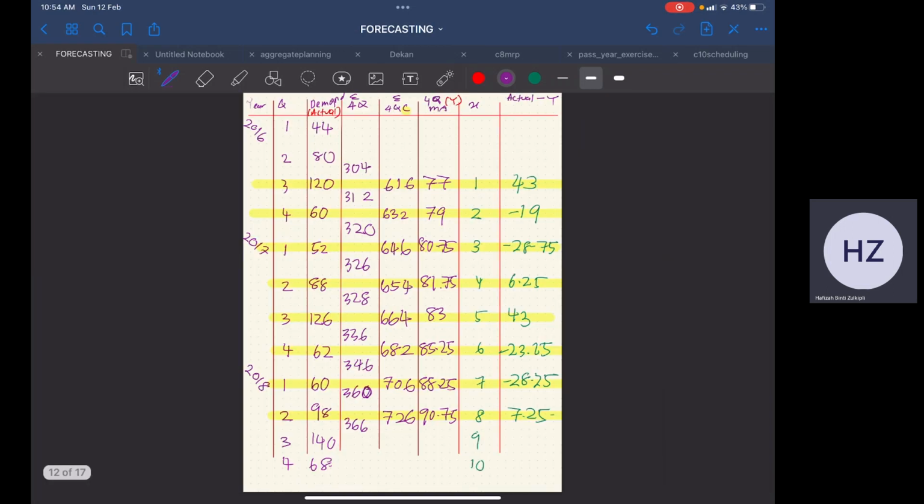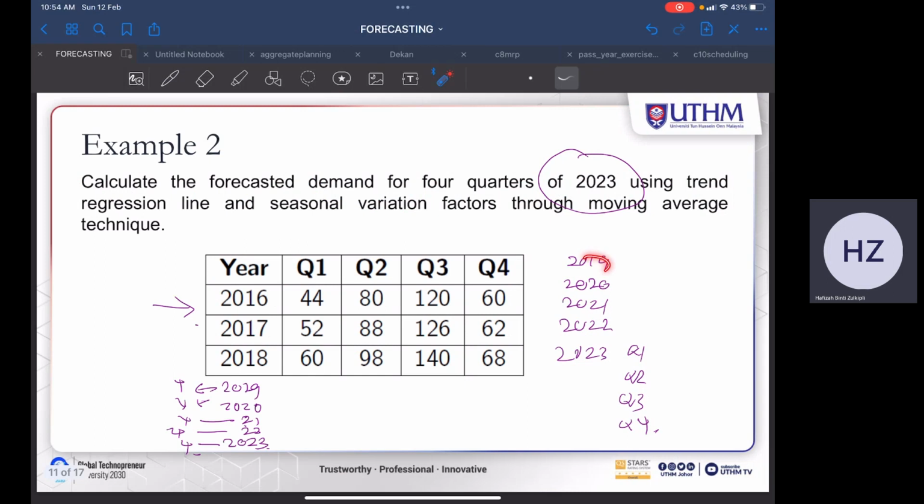Okay, so here, 2018 finished at X equal to 10. So 2019 is from 11 up until 14.